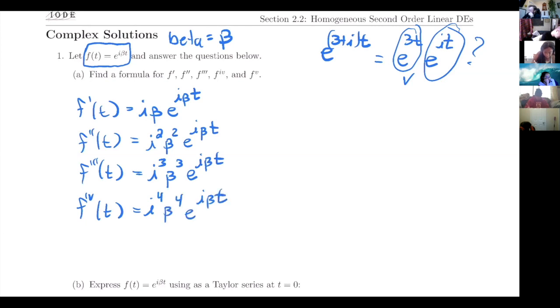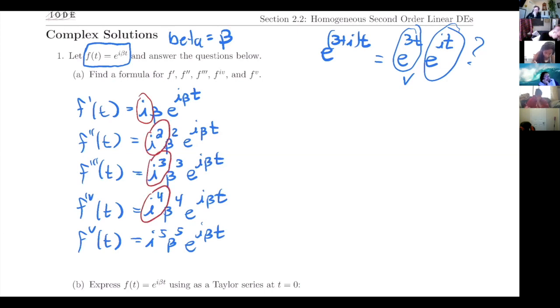And just to take this out to the extreme here, let's take the fifth derivative. So these derivatives are fairly easy to calculate just using the chain rule. And then we can use some properties of the imaginary number to simplify the i raised to these different powers. Any questions about the derivatives so far?